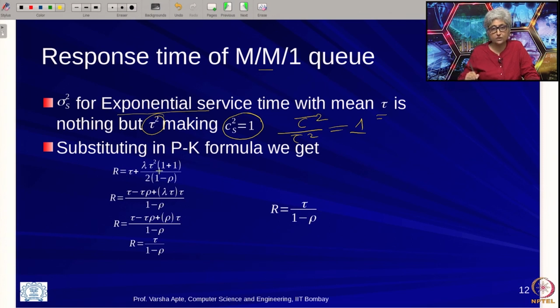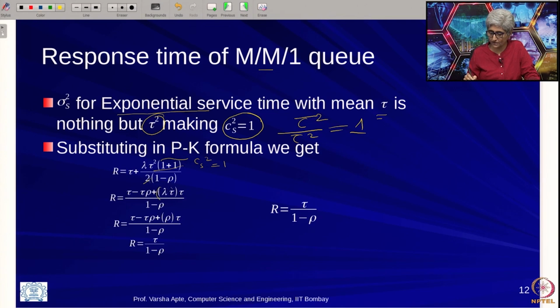So, now you stick that into the PK formula. This is the derivation; this is where the Cs squared was, and that is where we have put 1. So, lambda tau squared (1 plus 1) divided by 2, divided by 1 minus rho. This 1 plus 1 and 2 cancel, and then if you multiply this here you get tau minus tau rho plus lambda tau squared.